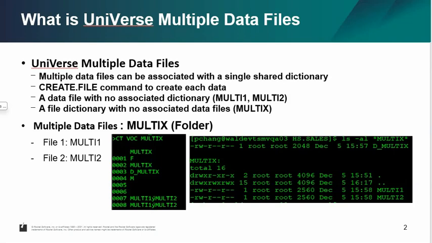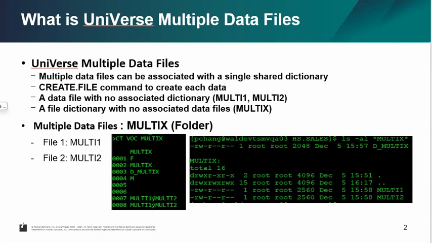First one is very quick, called the UniVerse multiple data file. So what is the multiple data file? Basically, it can be associated with one single shared dictionary. So you can use the CREATE.FILE command to create each data file.